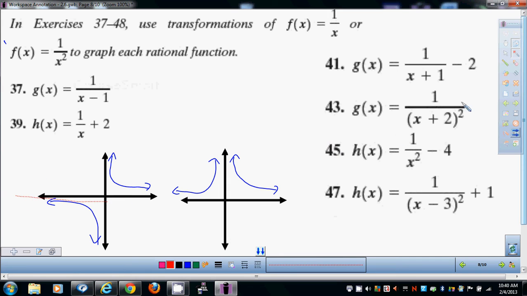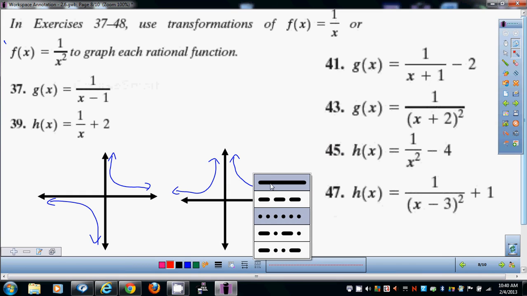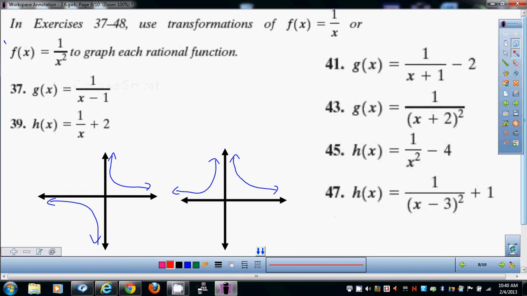So I'll just kind of draw this one all the way through. They both have a horizontal asymptote at 0. And they also both have a natural vertical asymptote at 0. So there are both of their natural asymptotes. Okay.